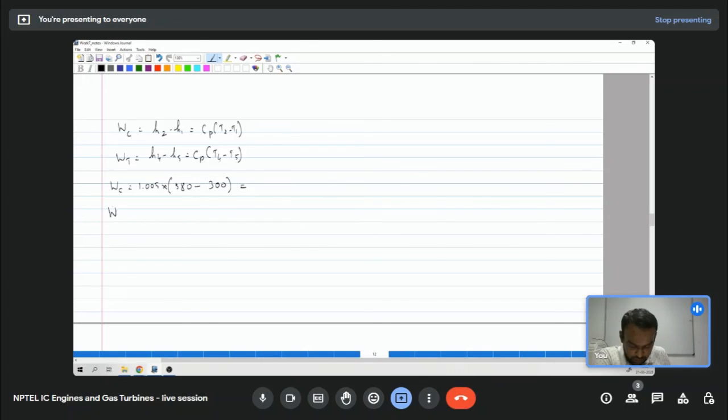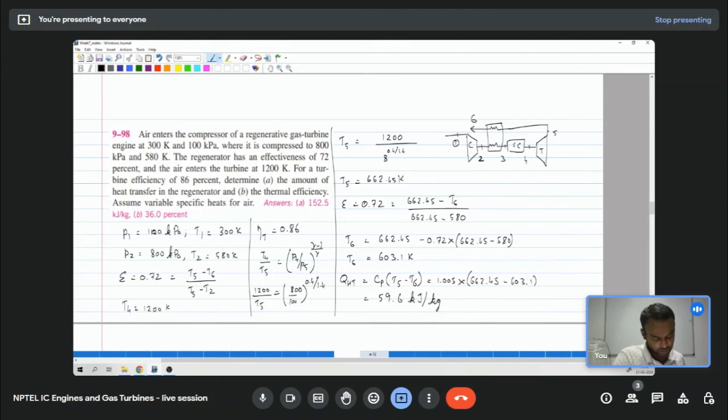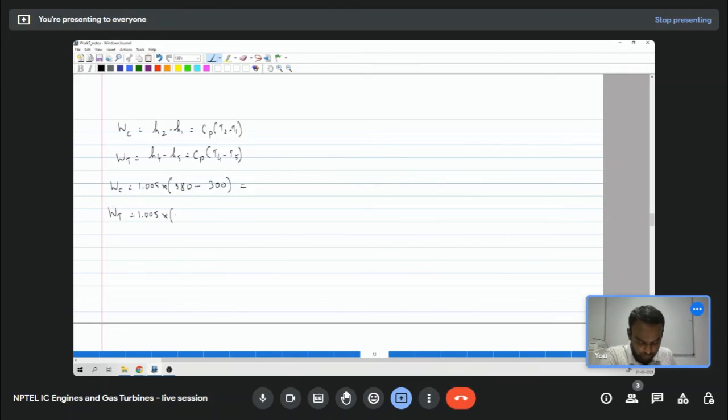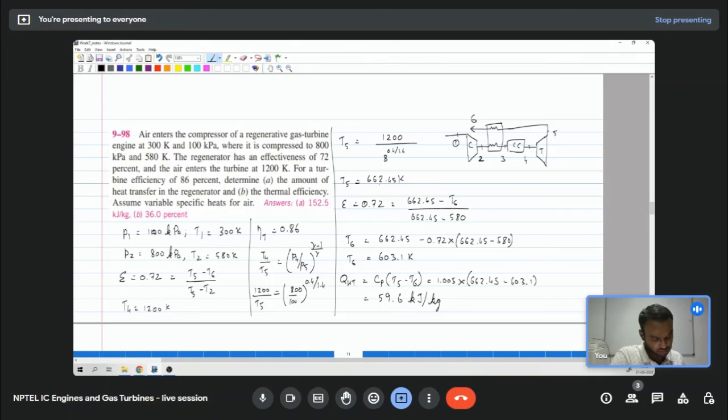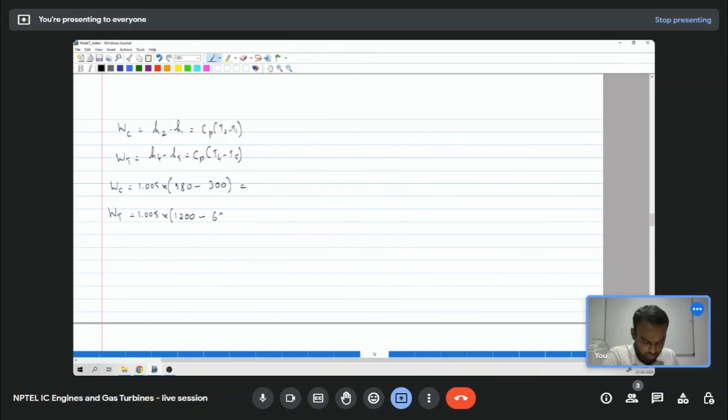For the turbine work we have 1.005 into (1200 minus 662.45). This is 281.4.